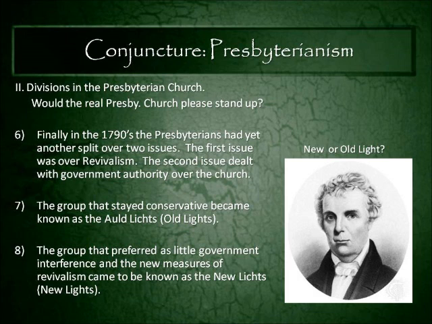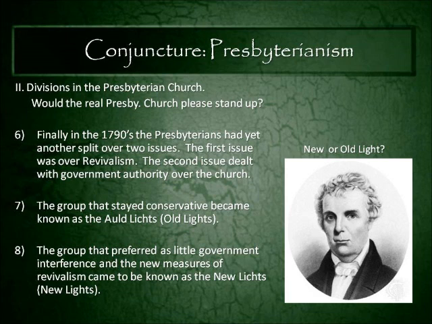Okay, and this brings up a very interesting question. Where would Barton W. Stone be? In all likelihood, we would find him in the Seceder Anti-Burgher New Light Church. Now, this is going to be different from our next historical person we're going to look at, Thomas Campbell, who was very affiliated with the Old Lights.